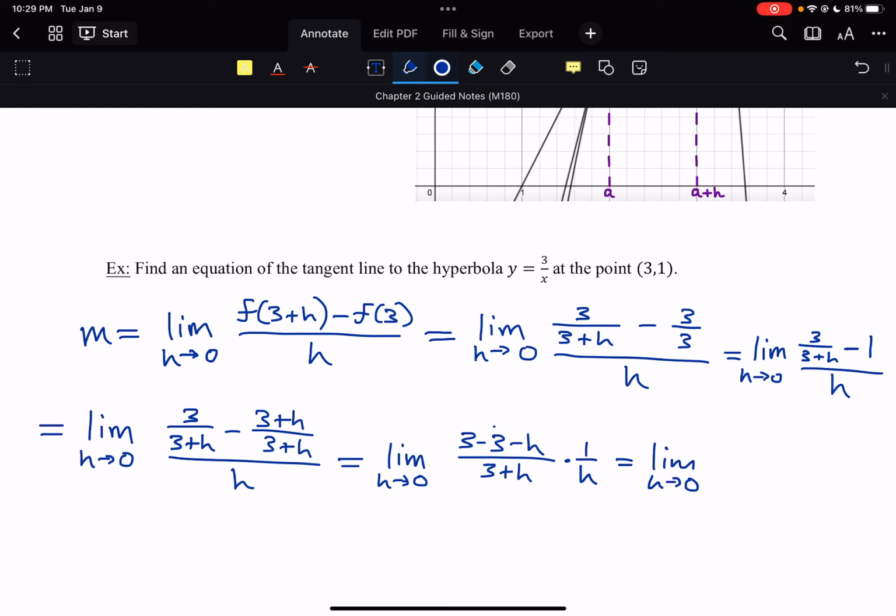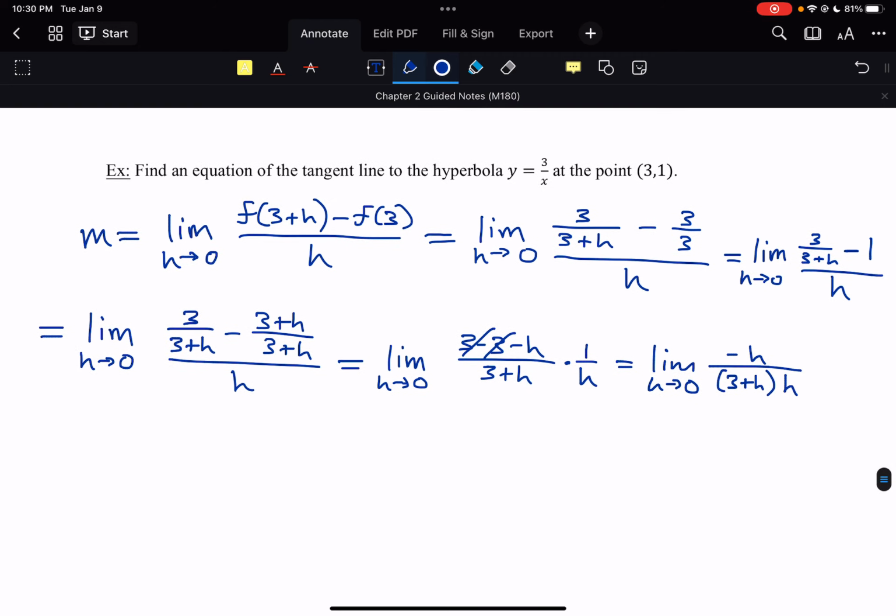So up here, we have 3 minus 3, we have negative h. And down here, we have 3 plus h times h. H up here, h down here. Let's go ahead and cancel those out. So we have the limit as h approaches 0 of negative 1 over 3 plus h.